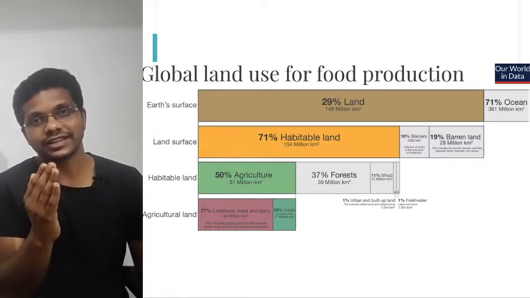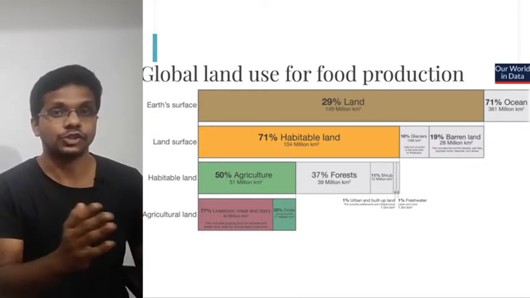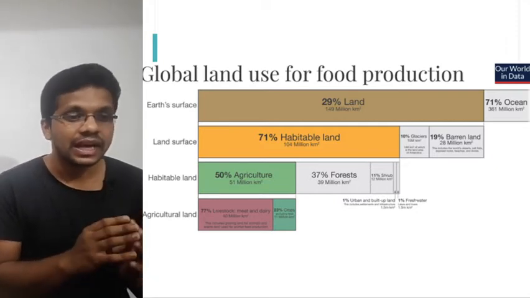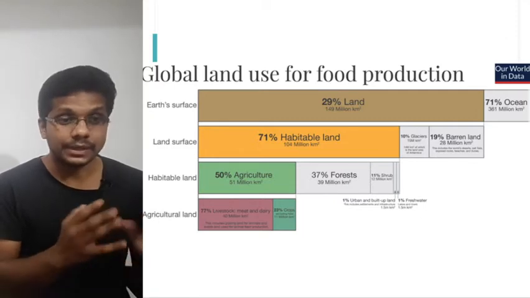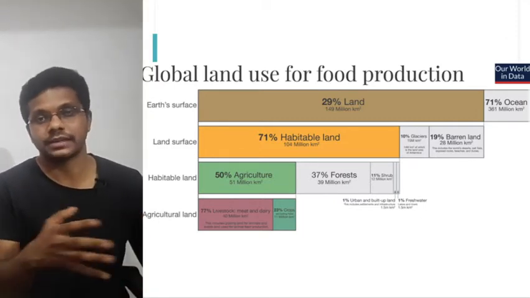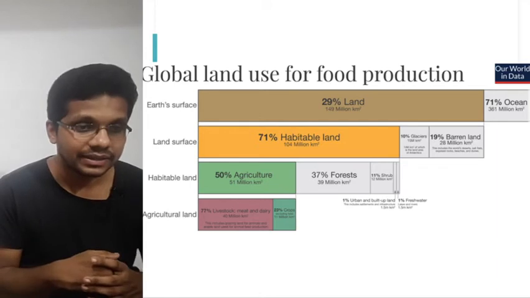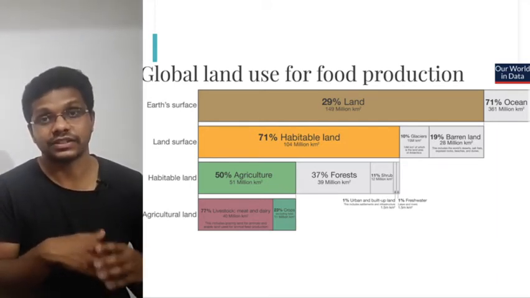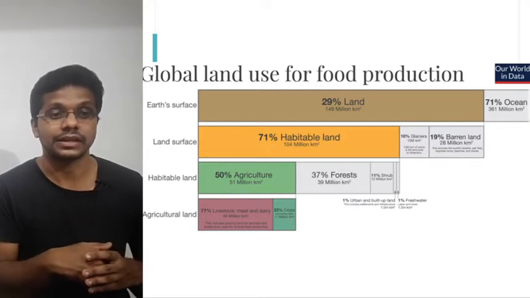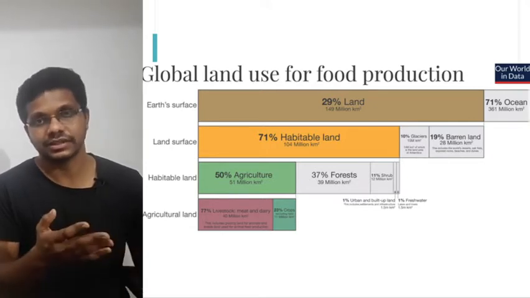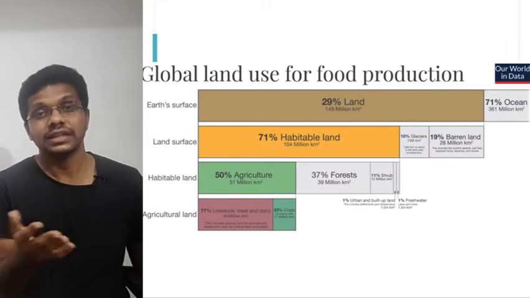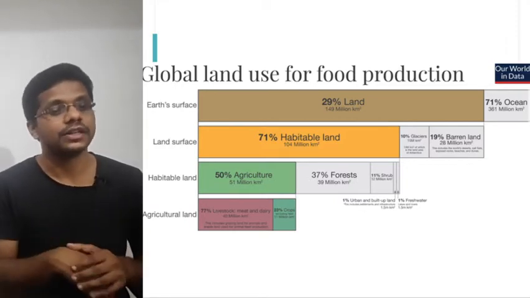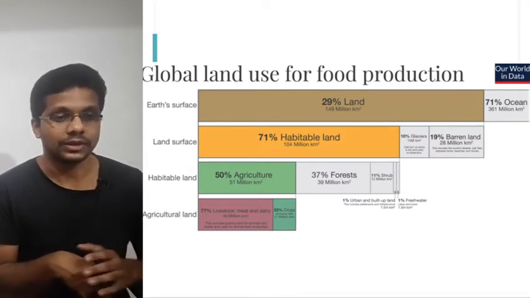Out of this 29% land, 71% is called habitable land, where all the human activities are happening, and 10% is under ice. Most of this 10% is in Antarctica. This land surface is not covered by water as such, but it is permanently covered by ice. So we are not going to talk about that anymore.